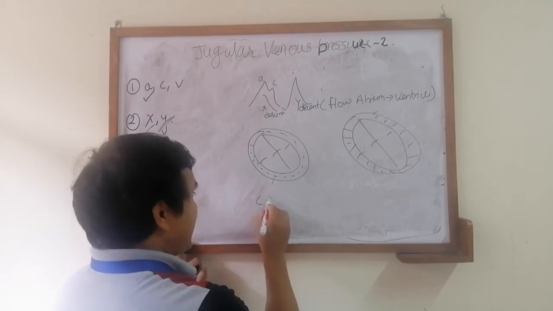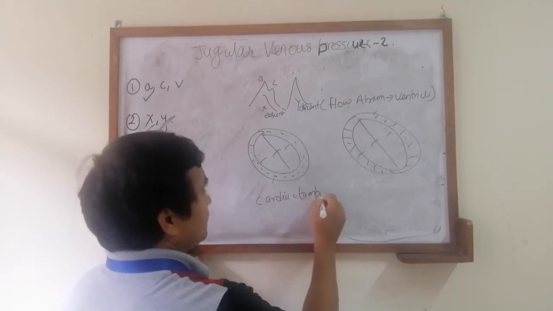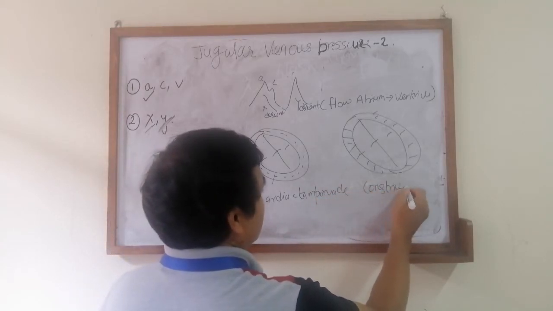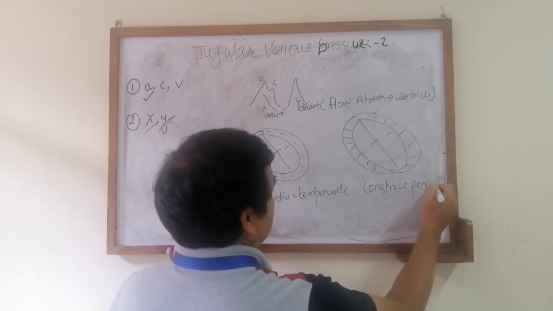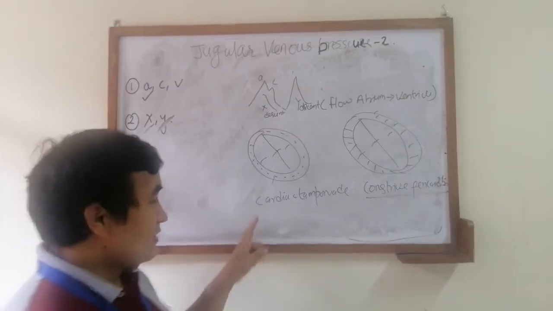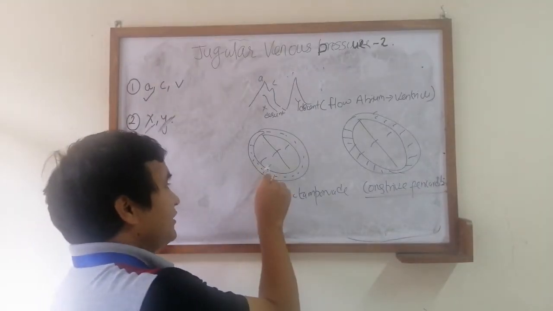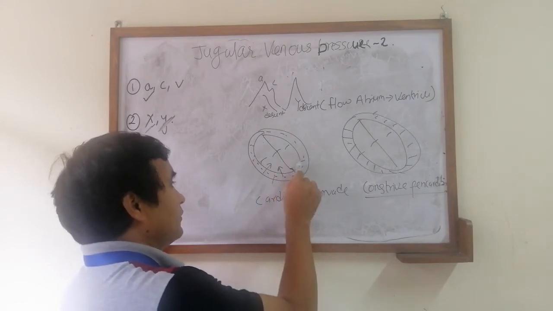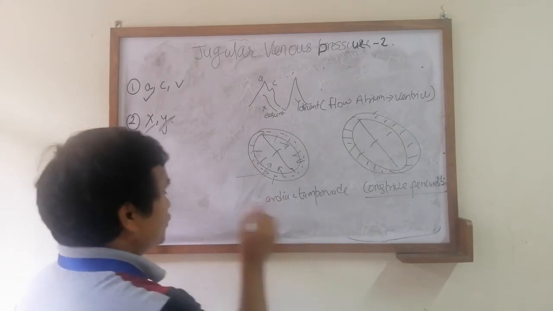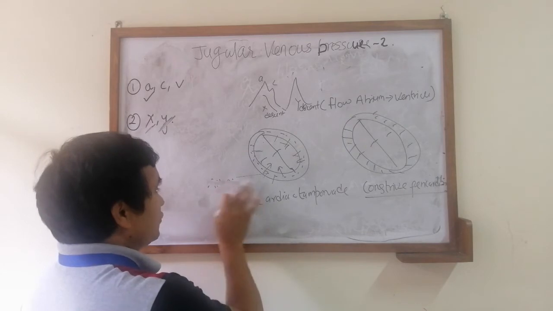Let's suppose this is cardiac tamponade, and this is constrictive pericarditis. In case of cardiac tamponade, what happens? It is exerting the pressure to the heart throughout all phases of the diastole.